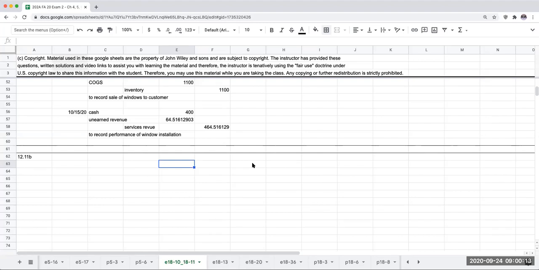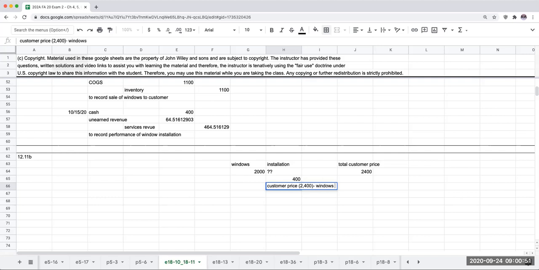So this is something called the residual value approach. If I know that the windows basically sell for 2,000, and then over here my installation, I am unable to estimate what this is, and my total customer price is 2,400, this residual value approach would then be: the customer price, which is 2,400, minus the 2,000.